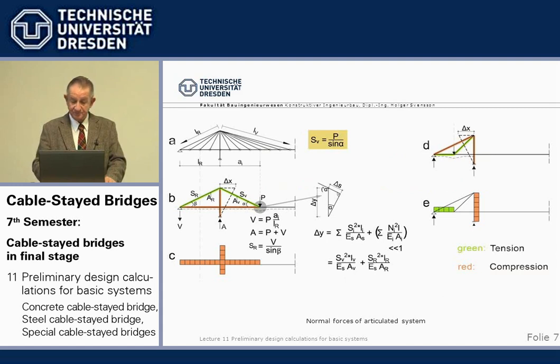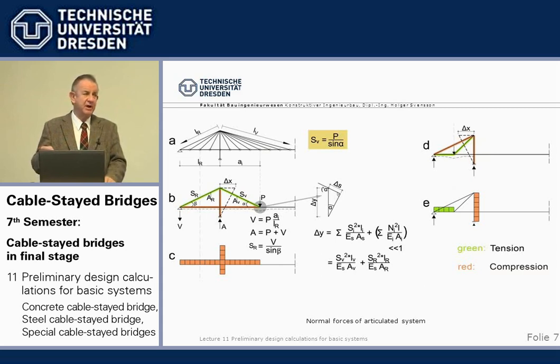Now, for the calculation of normal forces, meaning cable forces, normal forces in the beam, and normal forces in the tower, we use a system which has basically the same deformations as the true system, which means we use hinges in the beam where the cables are connected to the beam.